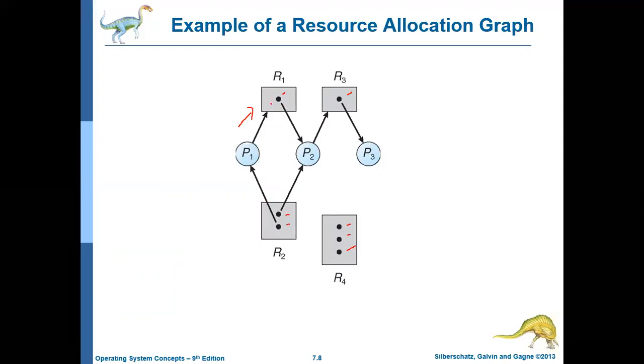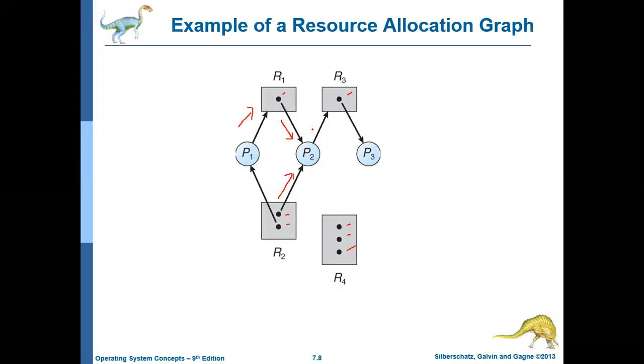There is only one instance of R1, and that is already assigned to P2. The other instance of R2 is also assigned to P2. It means P2 is currently holding two resources. One is R1, the other one is R2.